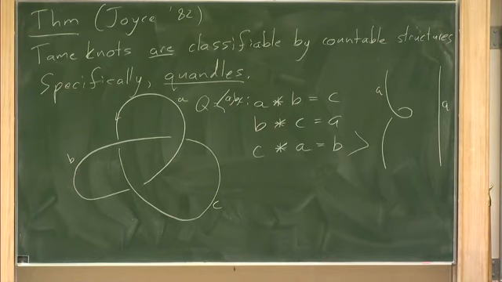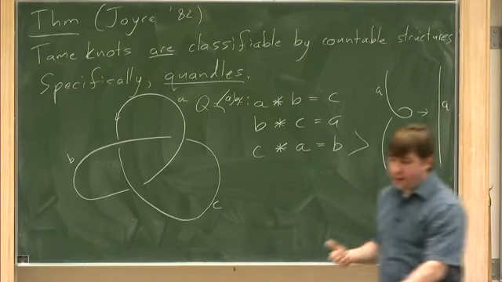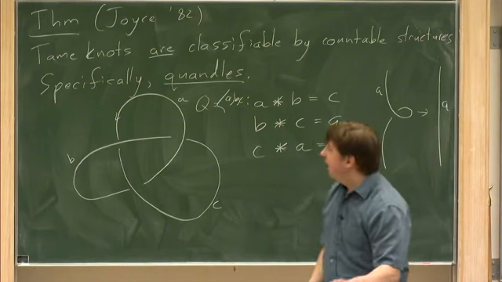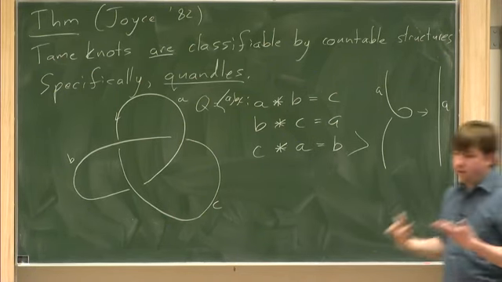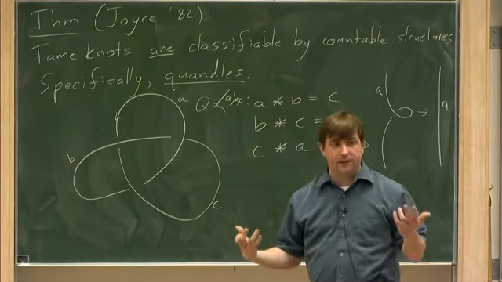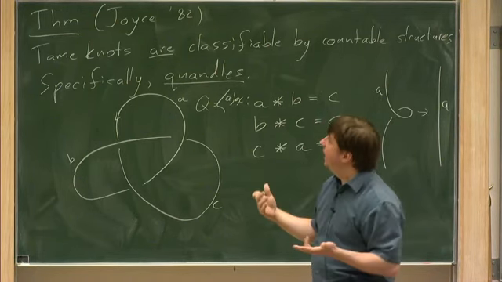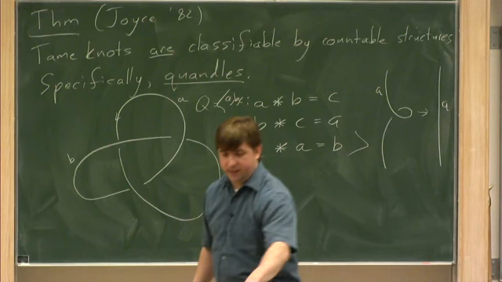And the two other Reidemeister moves correspond to the two other quandle axioms. So it's really a quite nice geometric thing. Okay, so that's why we care about quandles. So now how are we going to show that they're as complicated as possible? Well, first of all, in what sense are they as complicated as possible?